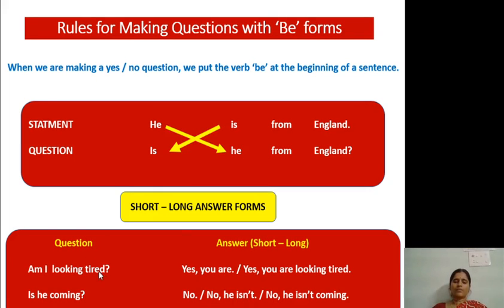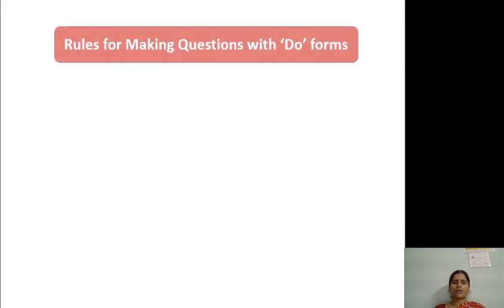So if someone asks you such questions, you can respond in a short way or a long way, using a single word or a group of words. Now, let us see the rules for making questions with the do forms.